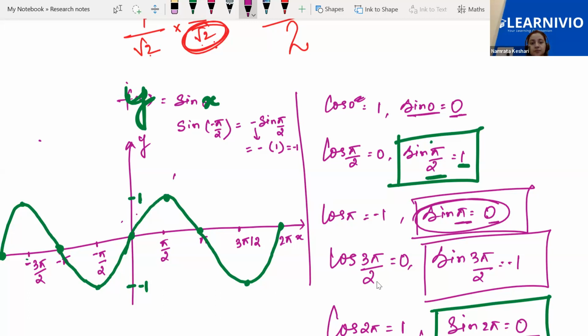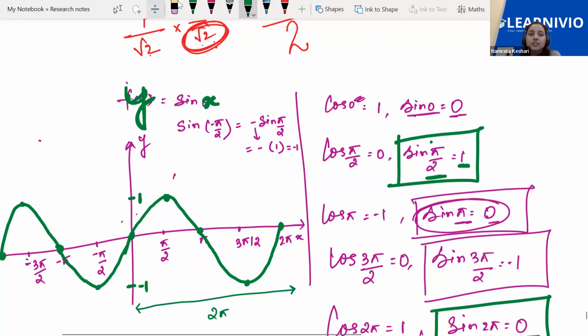And yeah, one more thing over here, the period of sine consists of 2 pi, one cycle's length. This is the one cycle. After that, again the same cycle, and again the same cycle will keep on repeating itself.